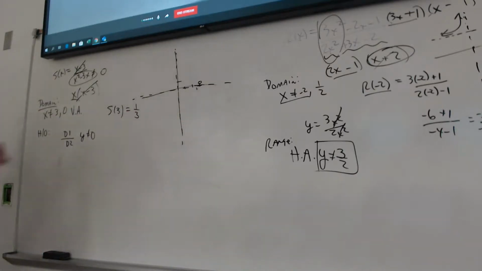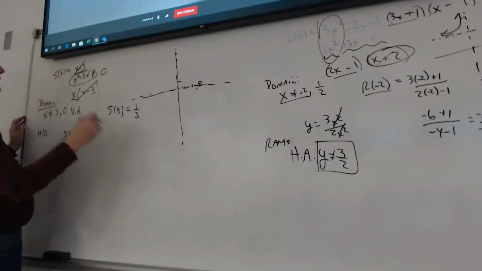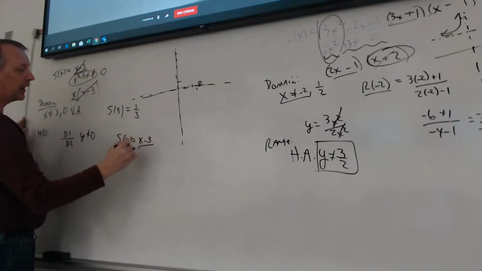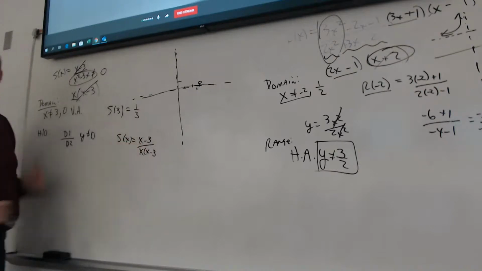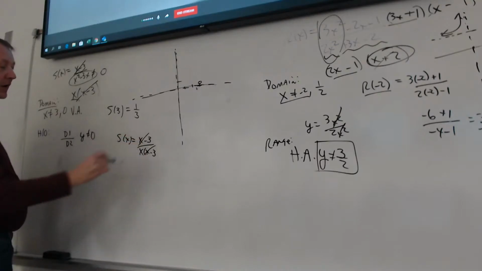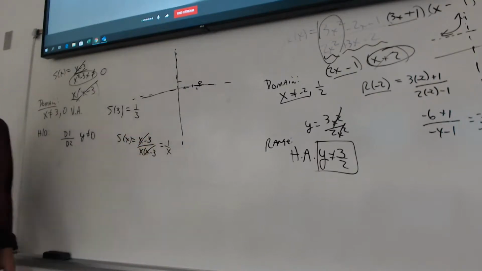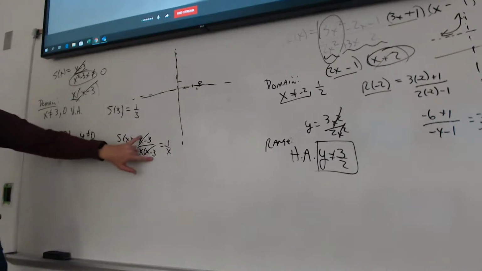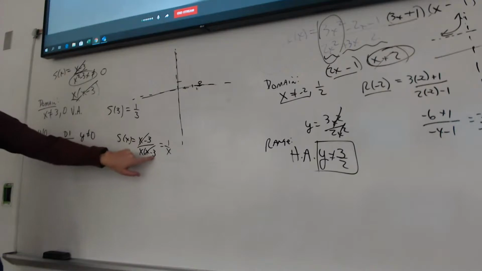Remember, the function s of x equals x minus 3 over x times x minus 3. If I simplify that, it becomes 1 over x. Because I've got the same factor on top and bottom, I'm going to plug in that number to see if there's a hole there.